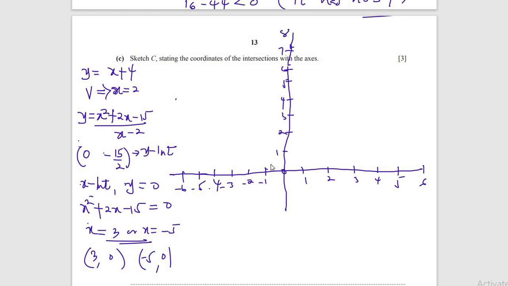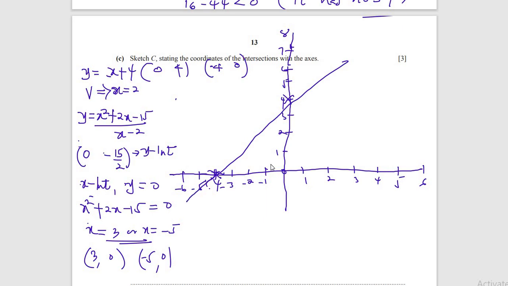Now the first, the oblique asymptote, is y equals x plus 4. Let's plot that graph. When x is 0, y is 4. And when y is 0, x is minus 4. This is the graph for that one.